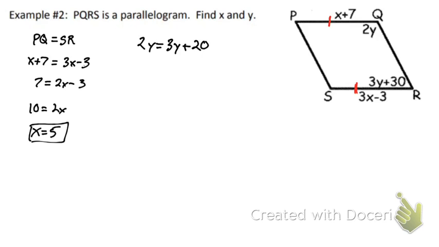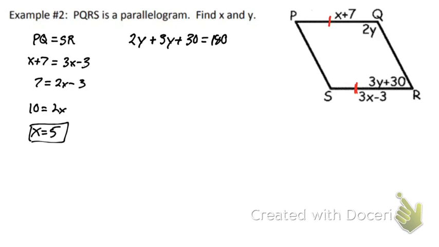No, you should put 2y plus 3y plus 30 equals 180. Oh, there's also a 30 in there? Oh, man. So many mistakes happening today. So we should have had 2y plus 3y plus 30 equals 180 because Q and R are supplementary. They are not congruent to each other, they're supplementary.